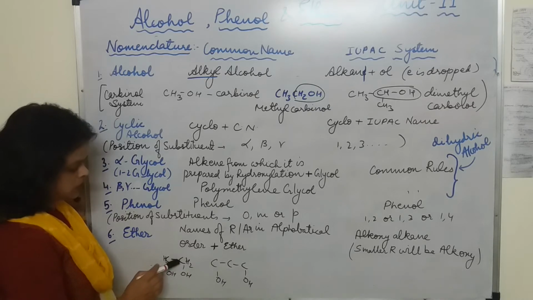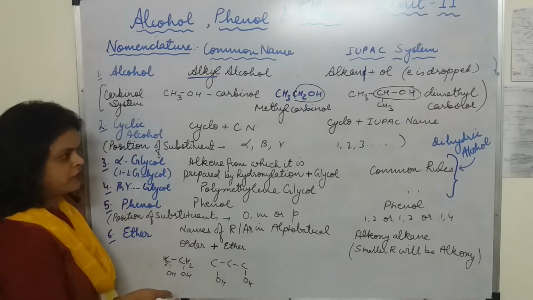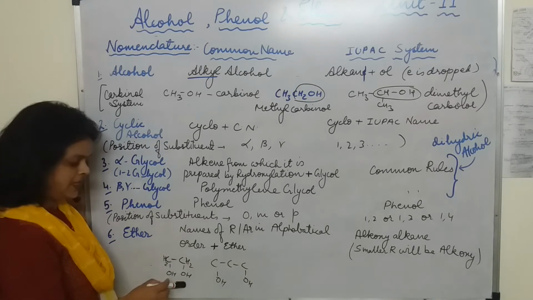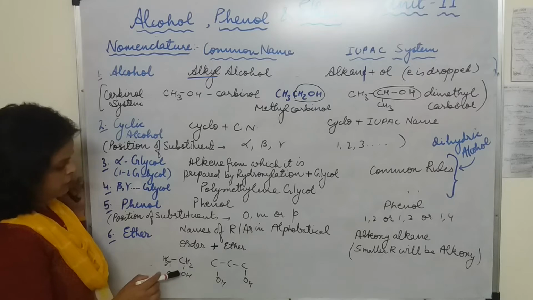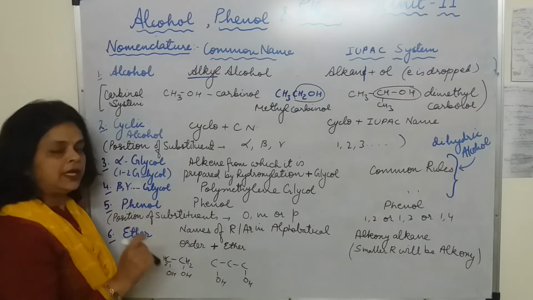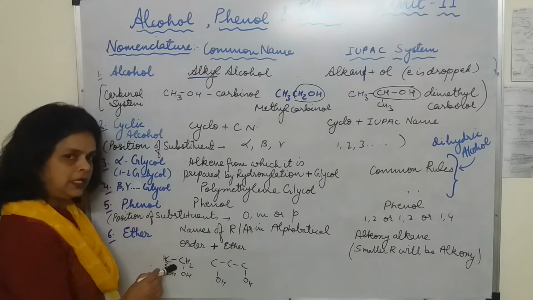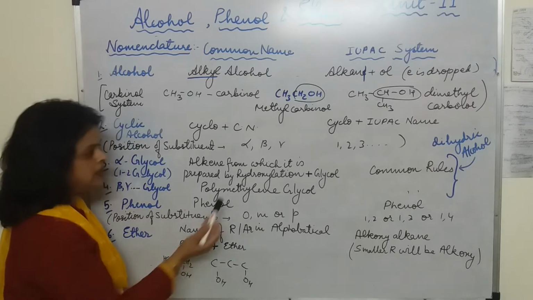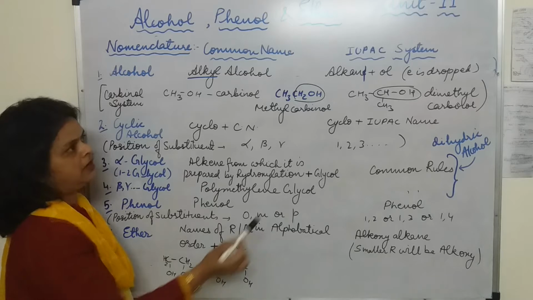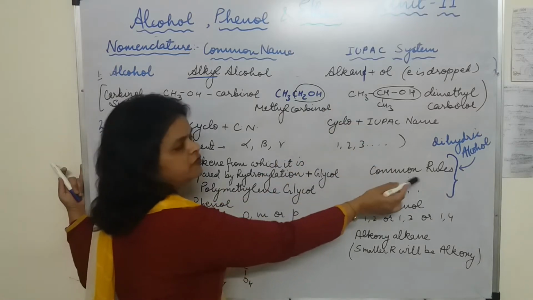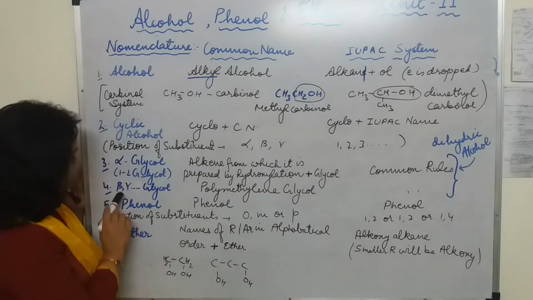This is CH2=CH2, and from its hydroxylation we get the alpha glycol. Here the alkene is ethylene, so its common name will be ethylene glycol. For the IUPAC name, we follow the general rules.